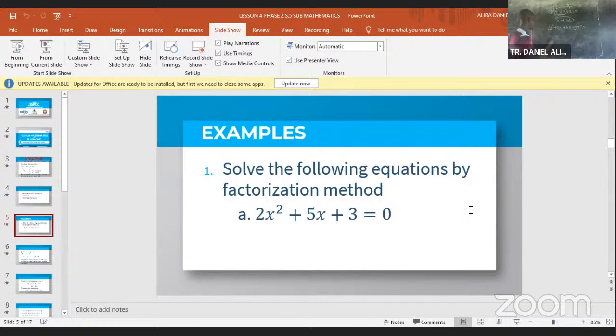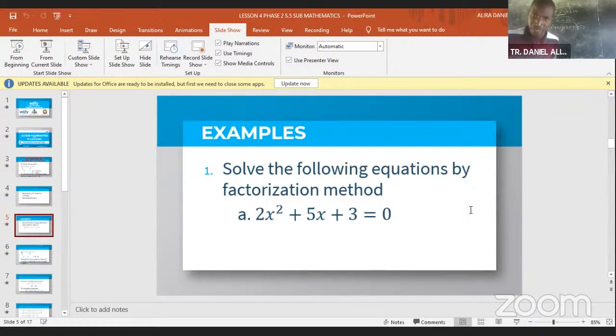So I'll group the first 2 terms, and I'll also group the last 2 terms.